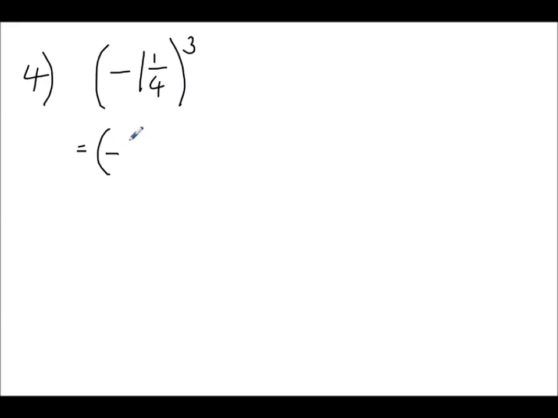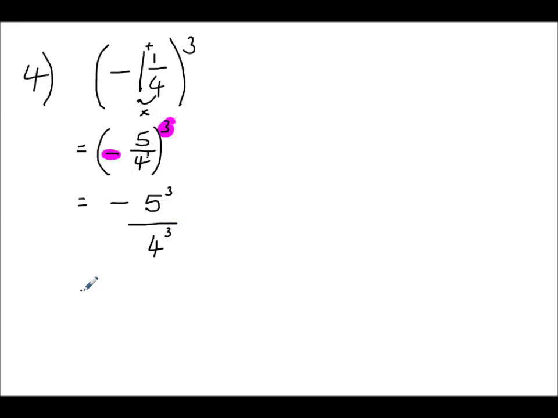It is still going to be negative. 4 times 1 is 4, plus 1 will give us 5 quarters. 5 quarters cubed means that the negative sign is raised to an odd power and our result will be negative. So that will be negative 5 cubed over, invisible 1 here, 1 times 3 is 3, so it is 4 cubed.